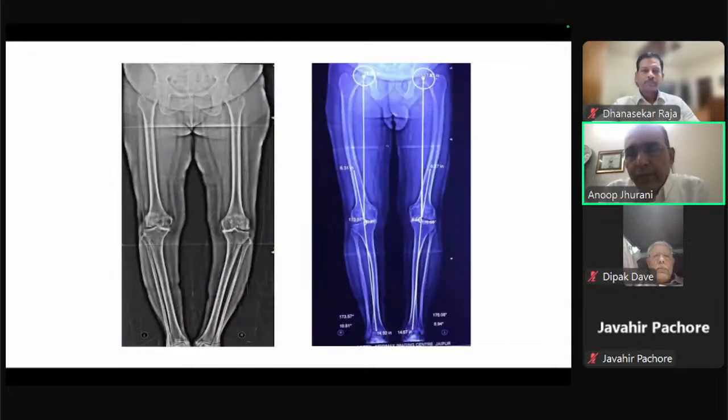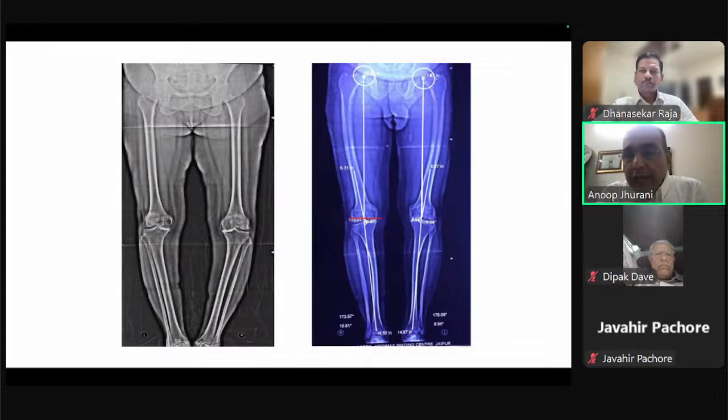Now here are 2 full-length X-rays. And as you can see, if you really analyze the full-length X-rays properly, all our femur and tibia are differently aligned. And it's very difficult to get 90-90 in mechanical alignment. Even if you're a hardcore mechanical alignment person, it's very difficult to recreate a perpendicular mechanical axis.